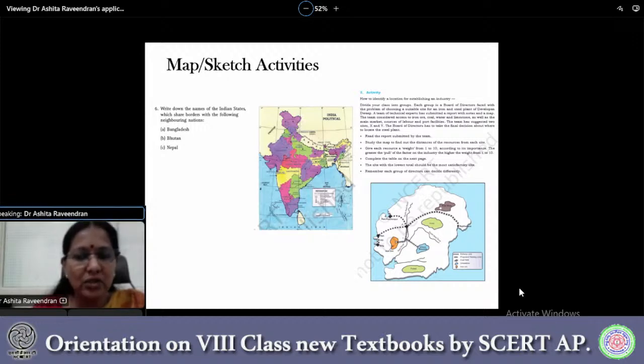Now the child has to find out which will be the suitable area for locating their industry. So finding a location of industry can be a daily affair in the coming years. After their education, they might have to take a decision on these things, whether as a part of the government, or as an individual, or as a part of a firm.